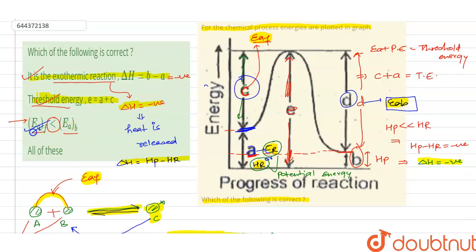So this is also correct, because D is greater than C, where D represents EAB and C represents EAF. So we can say that all three options are correct, and we can conclude that all of these are the best option to choose. So I hope you got the concept, you got the diagrammatic representation, and you got the concept of exothermic reactions as well. Thank you.